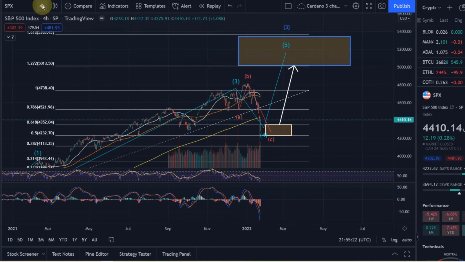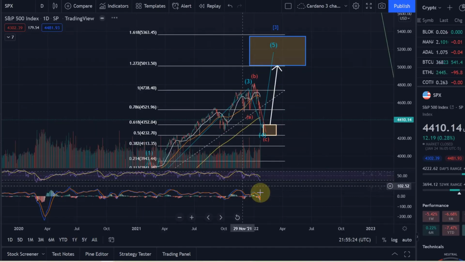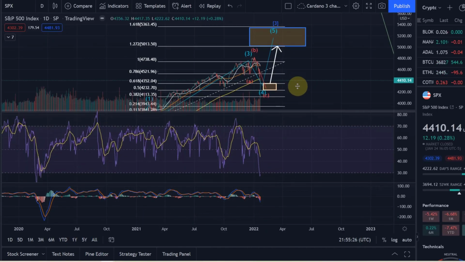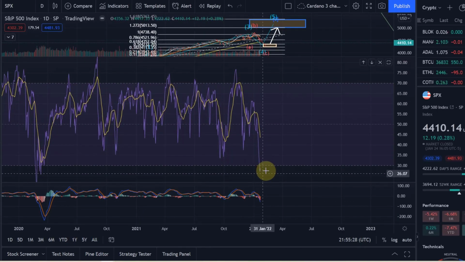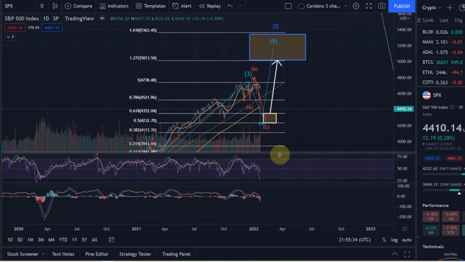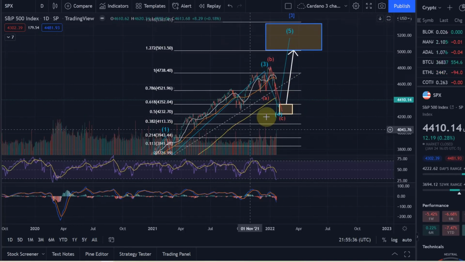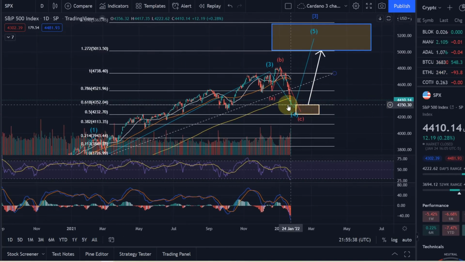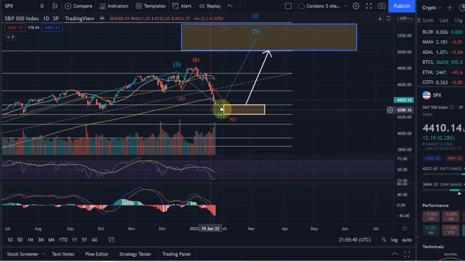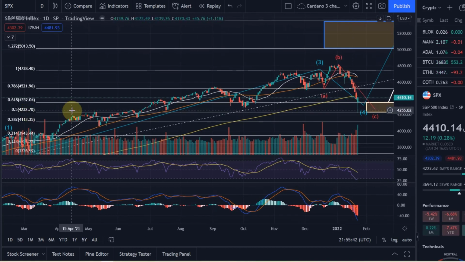Now overall, if we also take a look at the indicators, obviously the last few days have really shaken it up, but what we can see on the daily, the S&P 500 generally is in the oversold range. That is also basically a confirmation that we can expect a move up from here. We've seen that strong wick here on the daily, you can see how far it did come down all the way to that 0.5 Fib level.